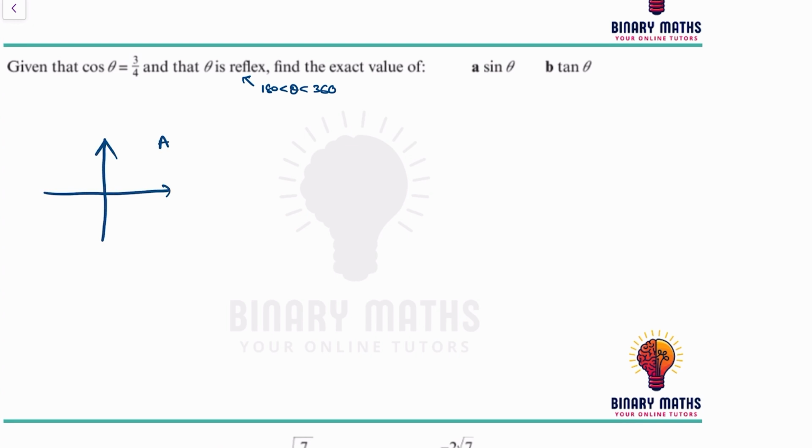Now all ASTC, because cos theta is positive, it must be in one of the bottom two quadrants where cos is positive, which is obviously the fourth quadrant. Because cos is negative in the third quadrant, it can't be that one, which means sine is negative and tan is negative. So we're looking at this one.